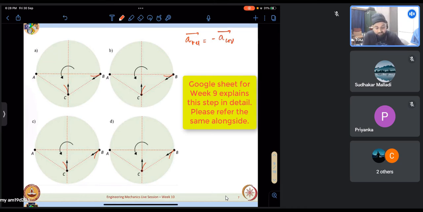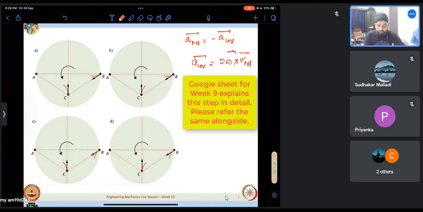Coriolis acceleration we know is omega cross VREL. So the path that the object will take will be in the opposite direction to what is dictated by the Coriolis acceleration. Coriolis is 2 omega cross VREL.